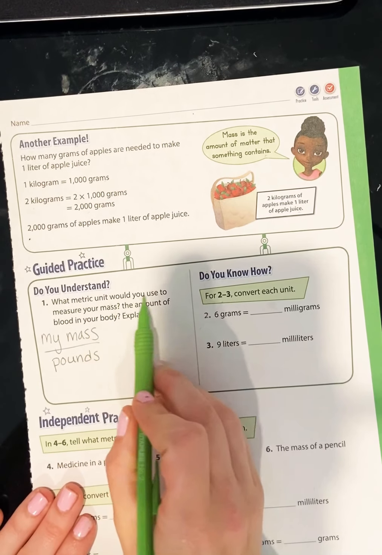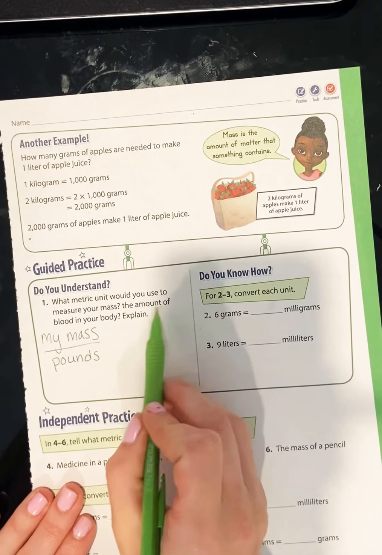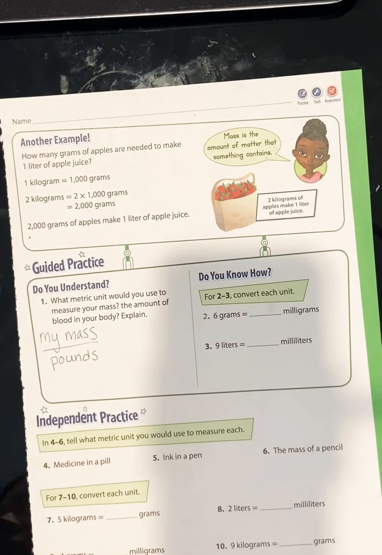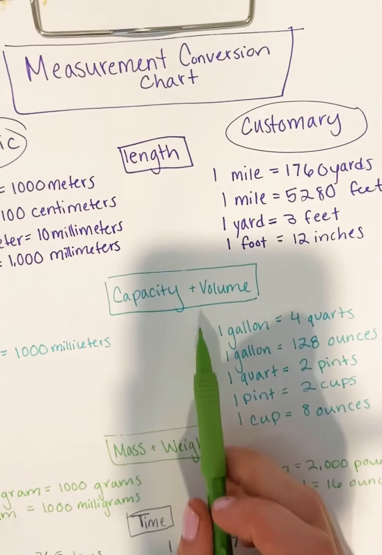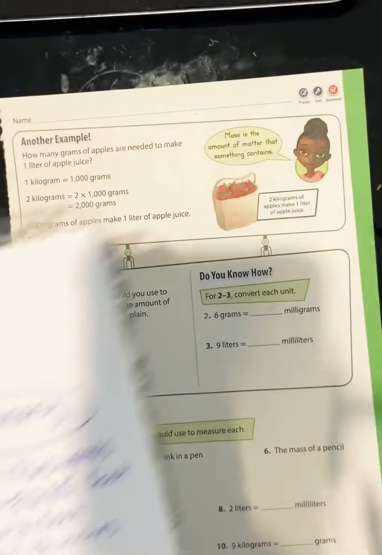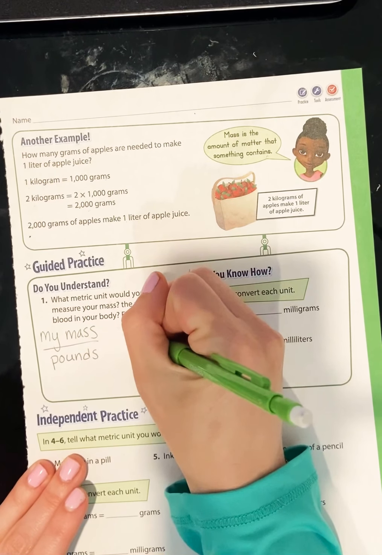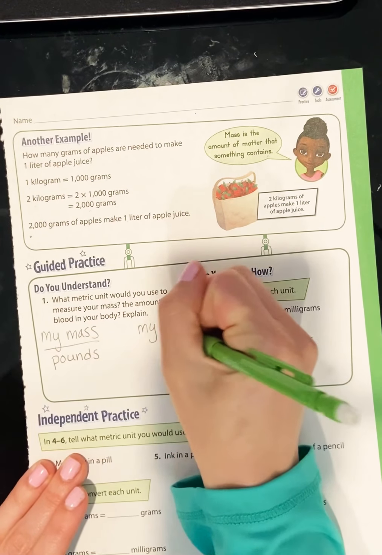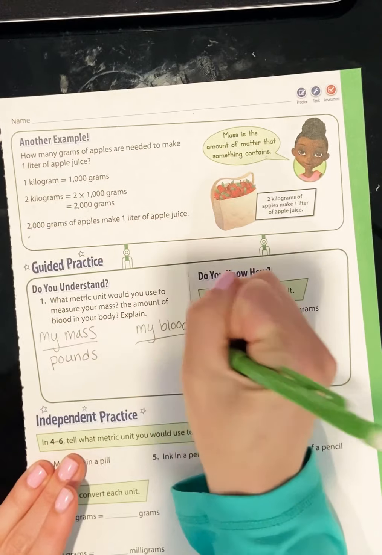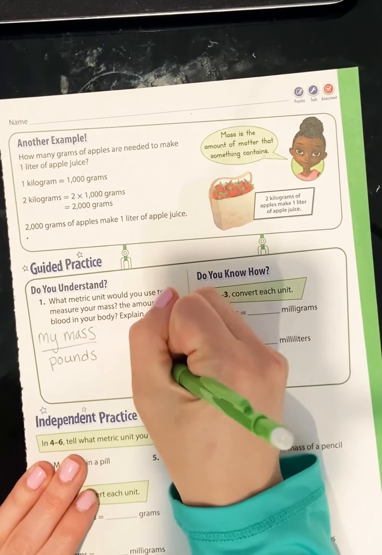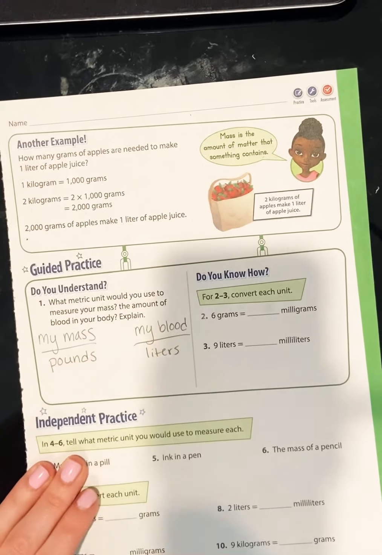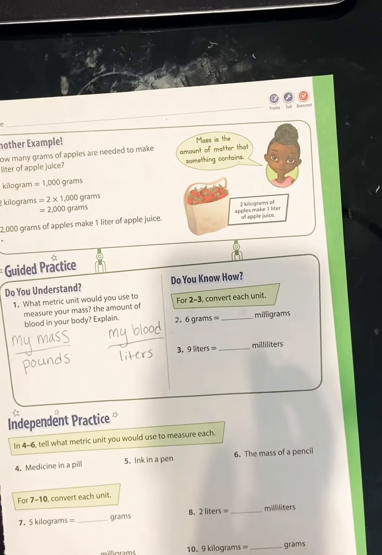What metric unit would you use to measure that? Well, that's going to be volume, so it's not mass anymore. My mass is pounds, my blood is volume, so I could say I'm going to measure it in liters, because there's a lot of it.